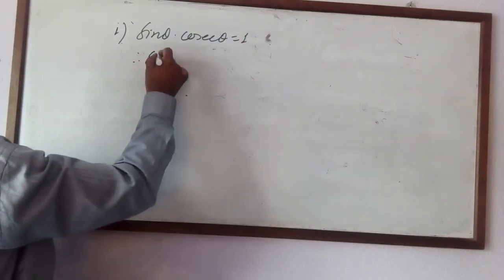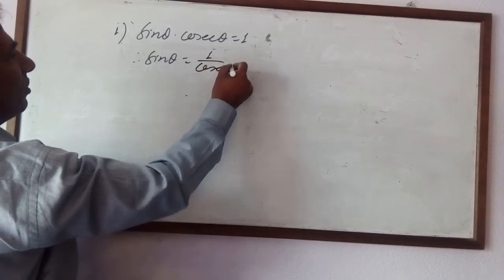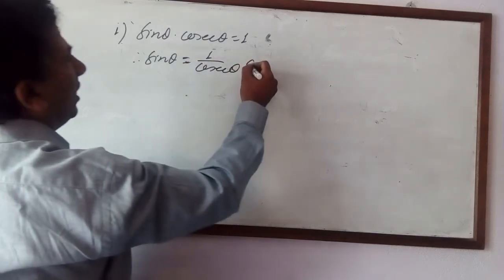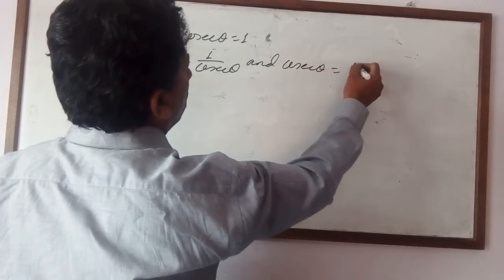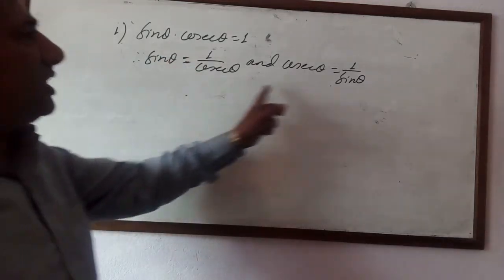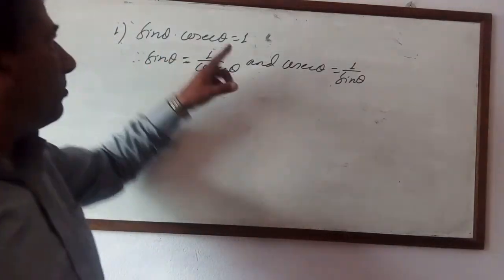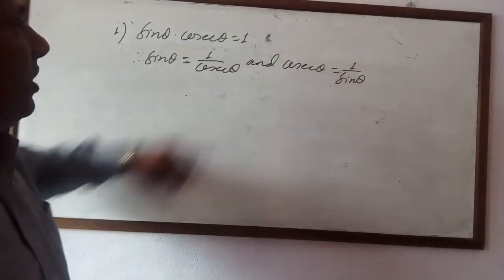Therefore sin theta equals 1 by cosec theta, and cosec theta equals 1 by sin theta. Do not think these three are three different formulas. They are actually the same. From here you should have the capacity to find this.